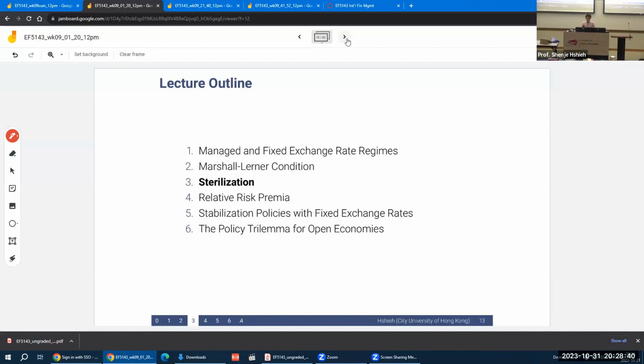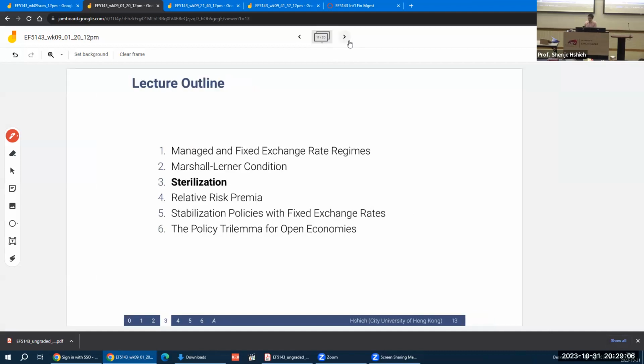You know how to shift the XX curve. And if the XX curve does shift, you should convince yourself that you know how to shift the AA and DD schedules to find an equilibrium that is on the XX schedule. And you have to be able to explain how that's achieved. Okay.